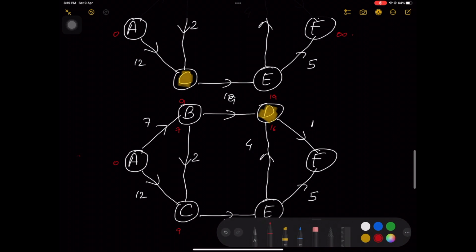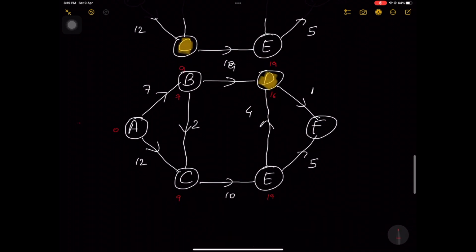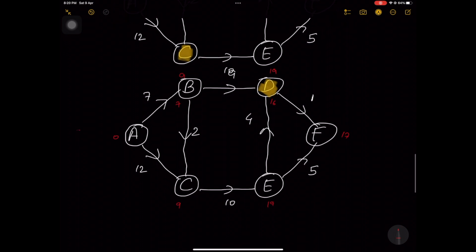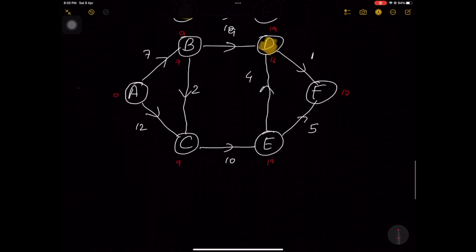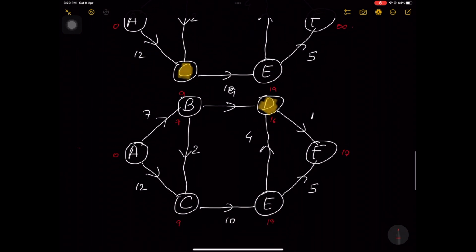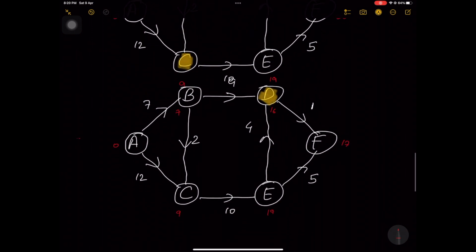So from D you can go to A to B, B to D, which is 19, and from D you can go to F, which is D was 16, yes, D to F is 17. And E, we know the value is 19 right now, so those are the final values, because E to D is 19 plus 4, which is 23, which is higher than 16.